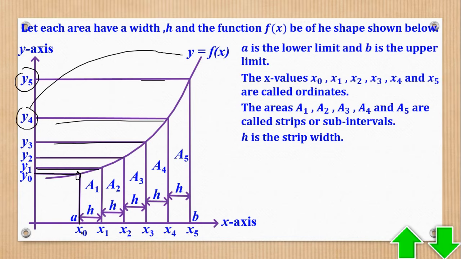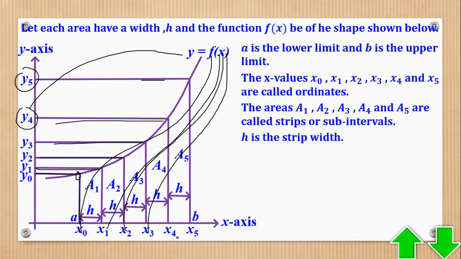For example, when I substitute x0 here, I'll come up with y0. When I substitute x1 here, I'll come up with y1. When I substitute x2 here, I'll come up with y2. When I substitute x3 here, I'll come up with y3. x4 here, I'll come up with y4, and x5 here, I'll come up with y5. So we shall see how all these values can be got given the question.